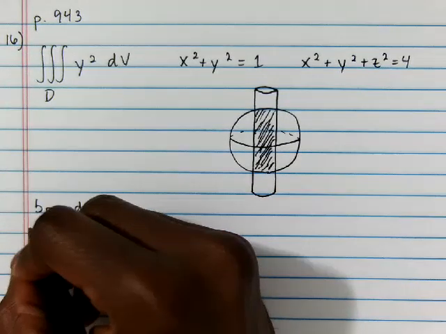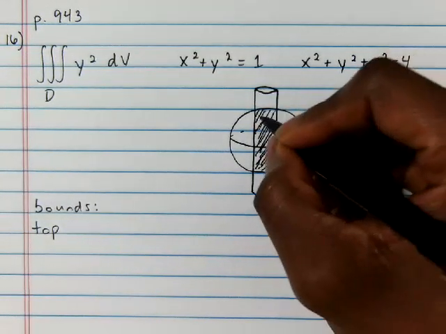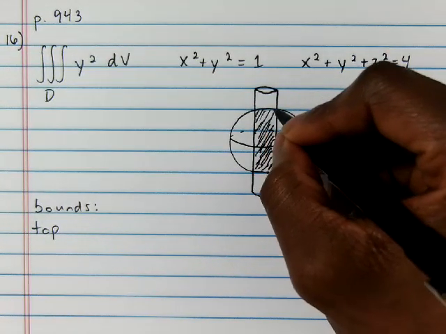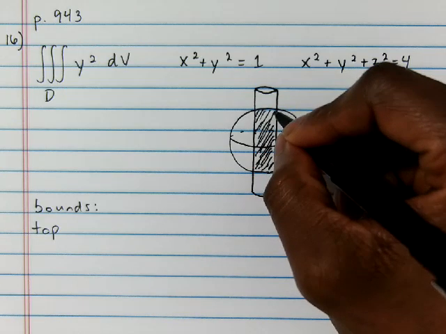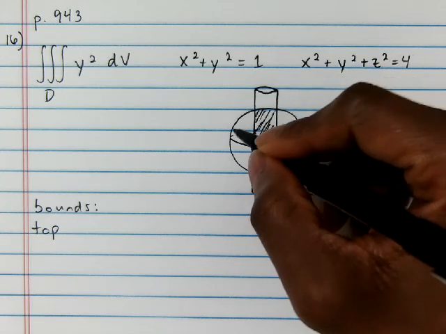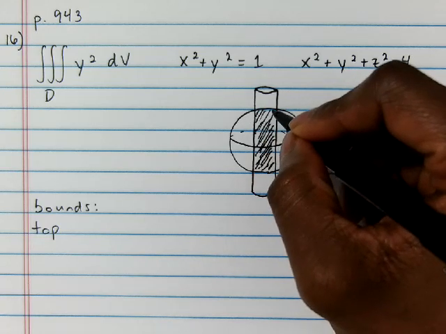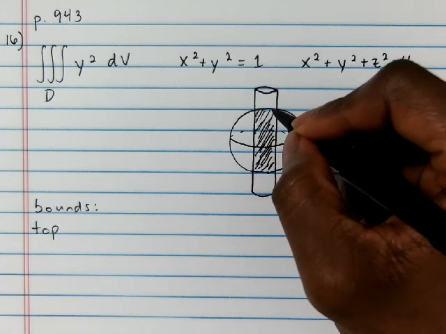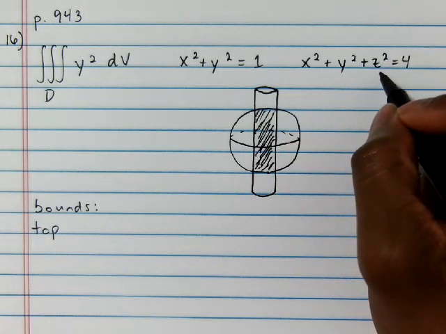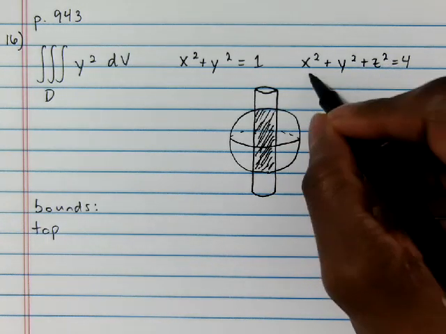the top. So the top here is going to be just that portion of the sphere. Now we're going to put the entire equation of the sphere, but we'll restrict it to this when we address our sides. So our top is going to be z equals the square root of 4 minus x squared minus y squared.